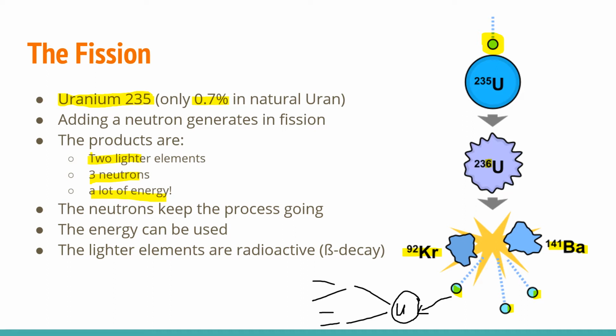The first problem is that the light elements that are typically generated are radioactive. This radioactivity is not so nice, but we should know that the radioactive decay of these parts is, in the worst case, somewhere in the range of 30 years.